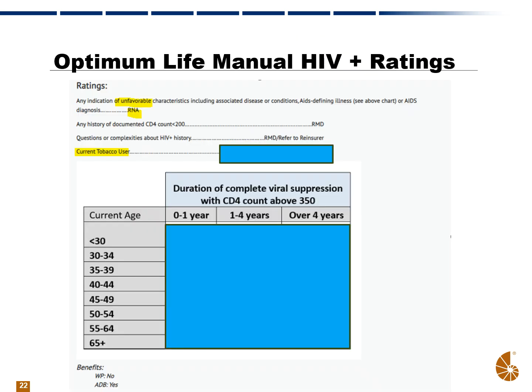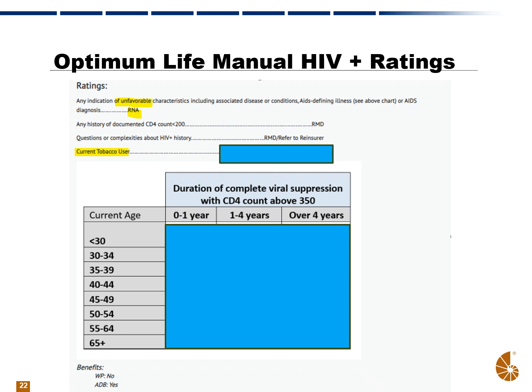Now I wanted to wrap up with our Optimum Life manual HIV rating. And you'll notice that before the ratings, we actually have unfavorable characteristics. Any indication of associated diseases, conditions, AIDS-defining illnesses, or the like would indicate a refer or decline for that particular case, and any history of documented CD4 counts that were less than 200 would be referred to an MD to evaluate.